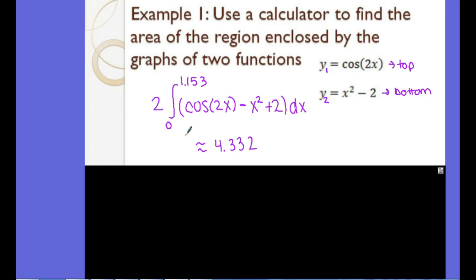We already took the time to type these in, right? So what you could do is hit the vars key and insert y1 and y2, especially if the functions were really, really long.